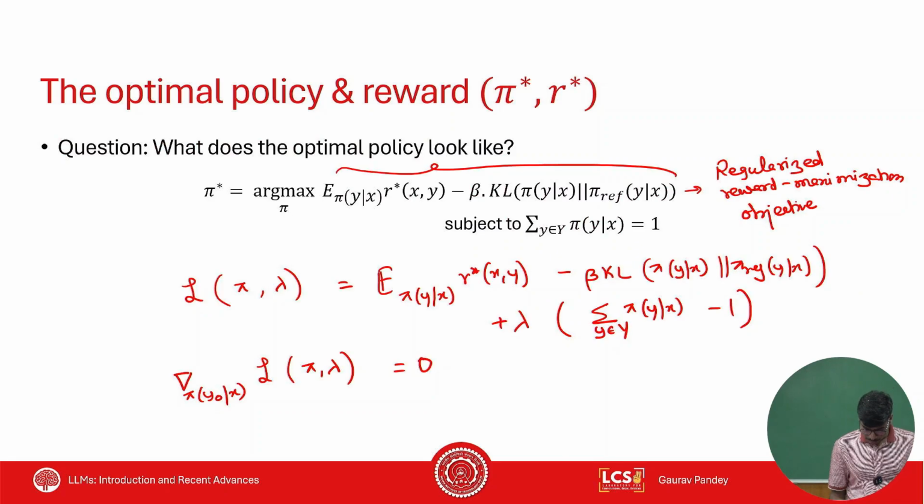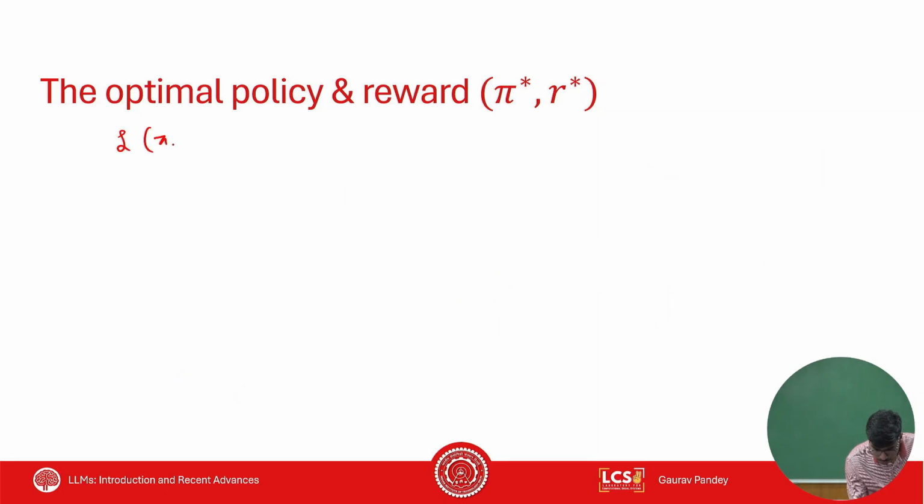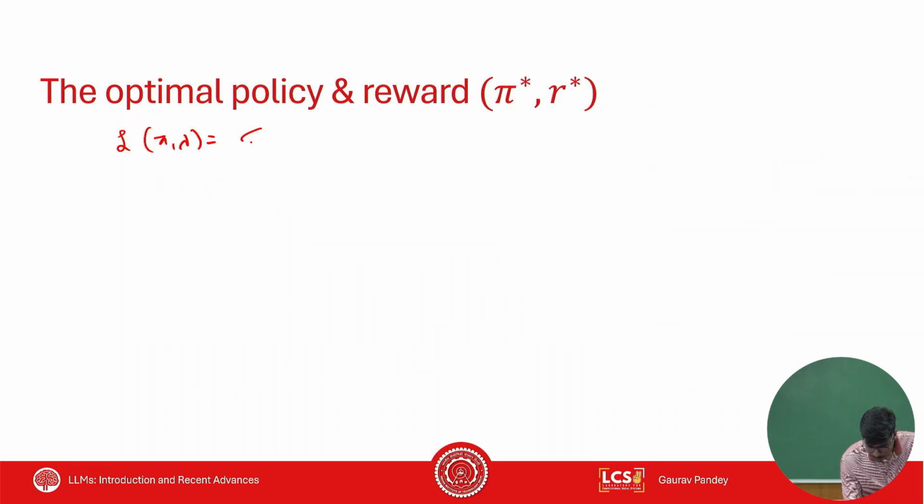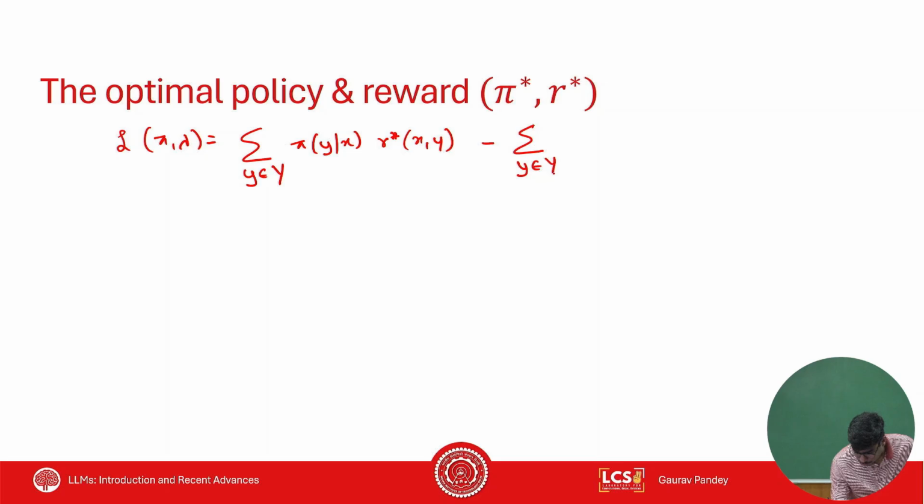So let's expand this expectation that we have. What is this L(pi, lambda)? This is given by summation over y belonging to Y of pi(y given x) times r star(x, y), minus summation over y. The KL divergence can also be expanded.